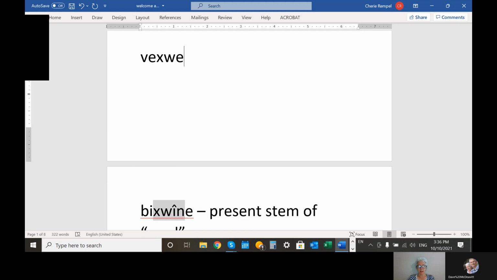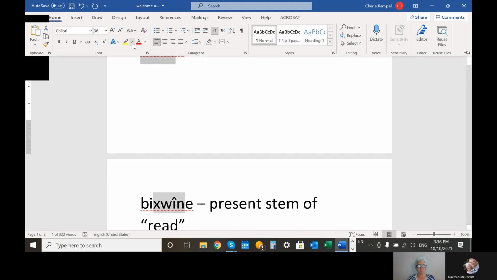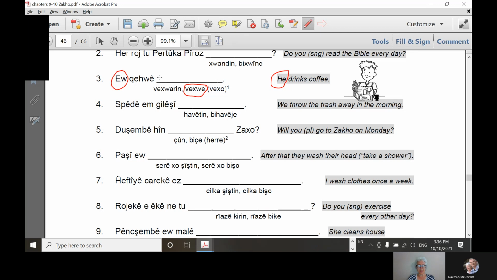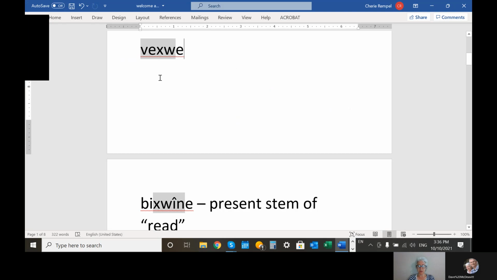Vahwa. Now it doesn't begin with the bi, so we can't take that off, but it does end with an a, so we'll get rid of that. So vah is our stem, present stem. Subject is ao, he drinks coffee.